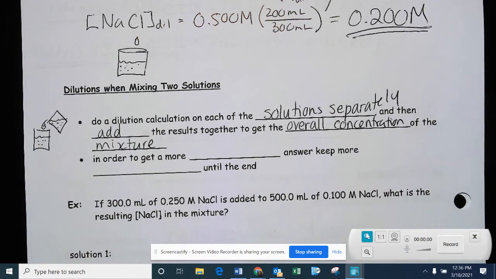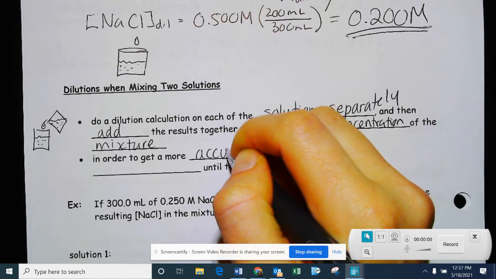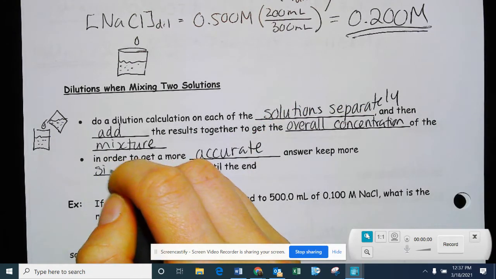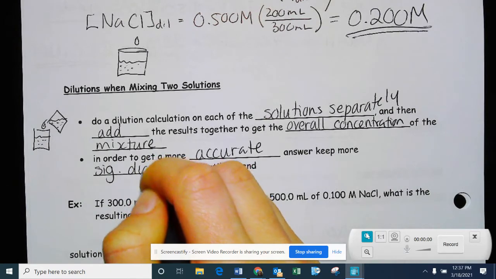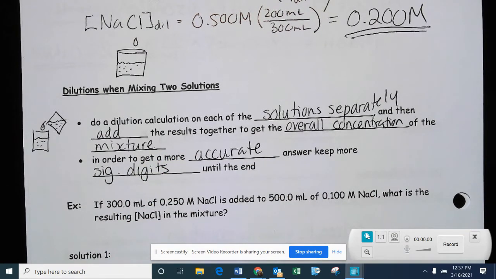So you do two dilution calculations, you add them, and then you have the overall. In order to get a more accurate answer, keep more than the significant digits. The more digits you keep as you're going through the question, the better.